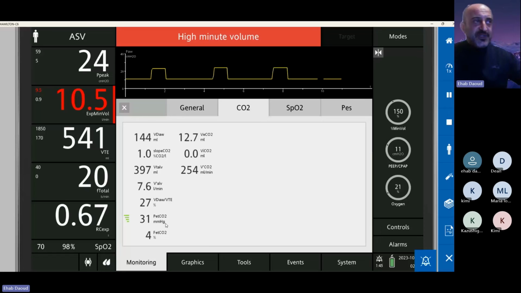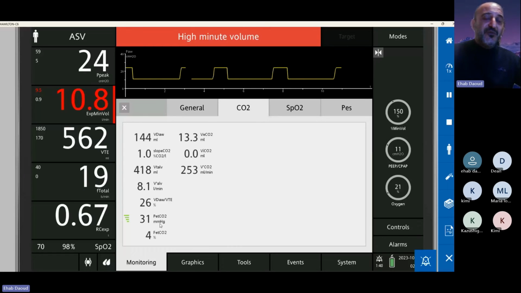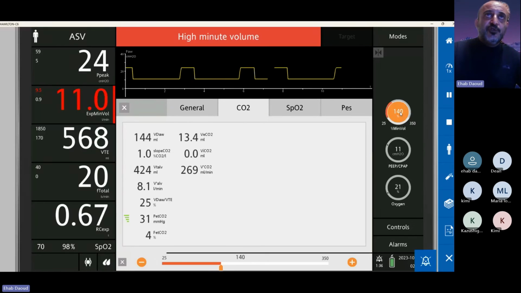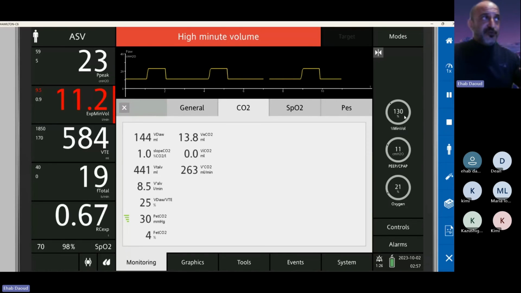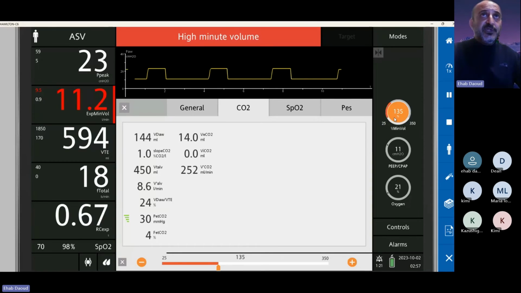So instead of doing a gas, for example, you did that gas and the PaCO2 is like 34, 35. Okay, I might be hyperventilating the patient a little bit. So let me go down on the percent minute ventilation. And of course, the more the patient's compliance improves, the tidal volume will go up. So you try to wean the percent minute ventilation.